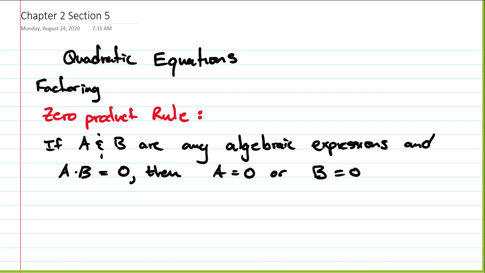So the zero product rule says that the only way you can multiply two things together and get the number 0 is if at least one of those two things is 0, right?